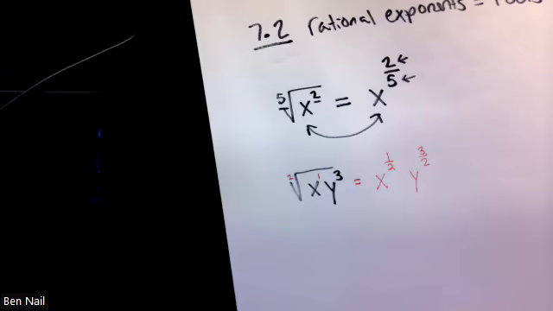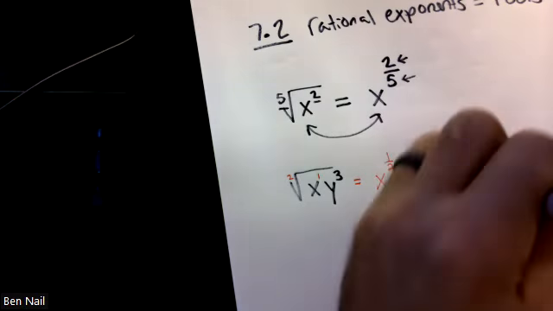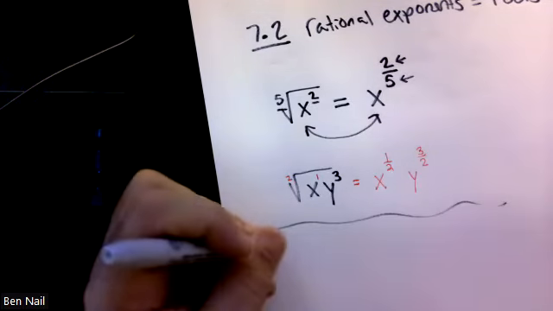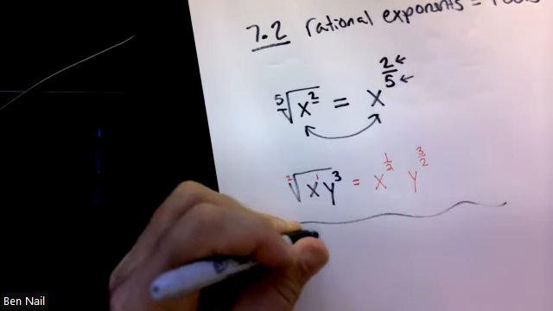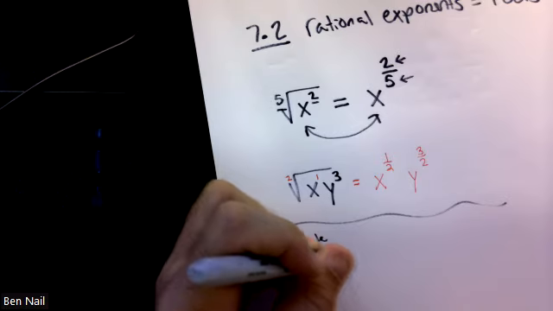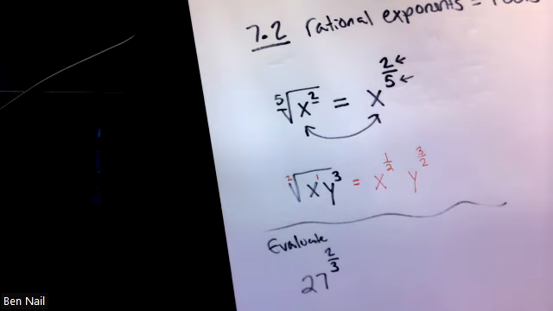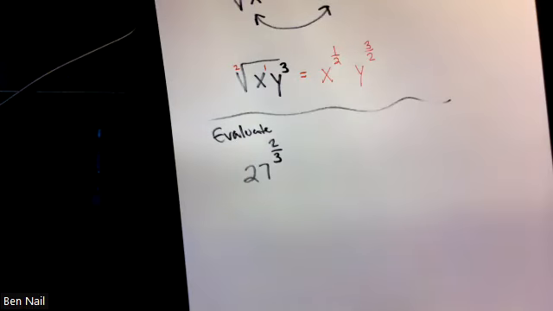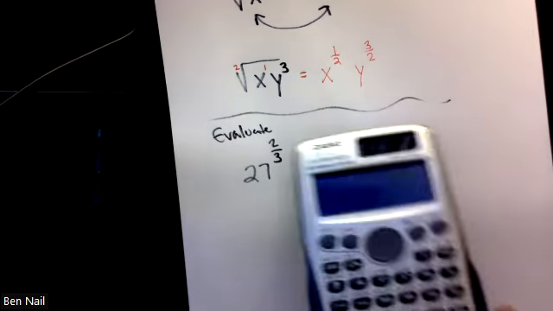Okay. So rewriting exponents as radicals and radicals as exponents are going to have you go back and forth between the two. Now, they will also have you do some evaluating, which is really nice because if they just give you numbers and ask you to evaluate, for example, if they want you to take 27 to the 2/3 power, you can quite literally just type that into your calculator.